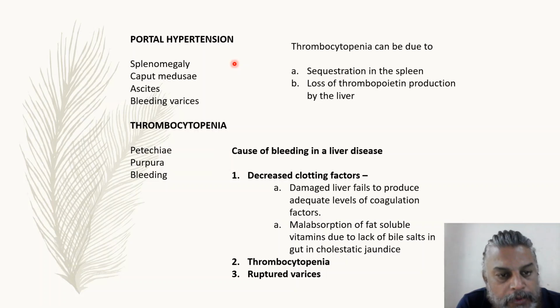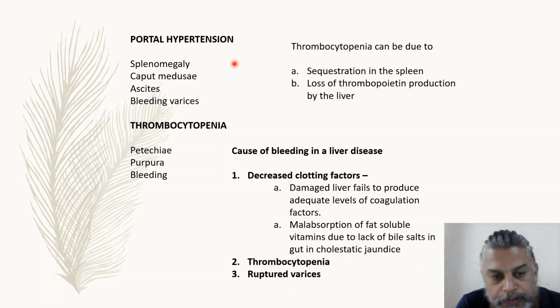We will also have ascites and bleeding varices because of opening of portosystemic blood vessels, which are normally not open because normally the systemic pressure is high, so these varices are non-opening.